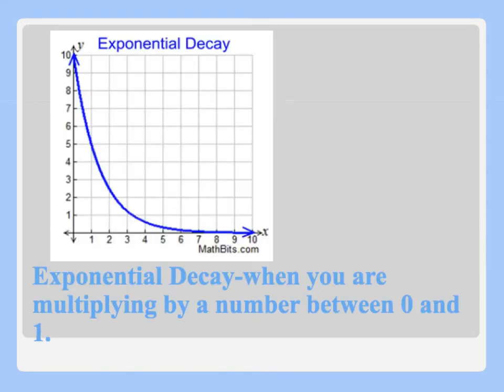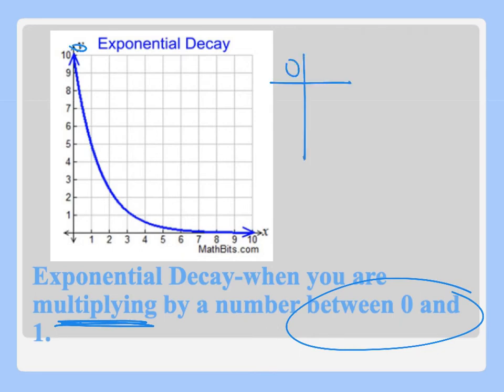An exponential decay curve is going to go down when the number you're multiplying by is between 0 and 1. So in this particular case, we have 0, 10, and we have 1, 5, and we have 2, 2.5, etc. So this one's dropping by dividing by 2 as well, or multiplying by 1/2 like the one before it.